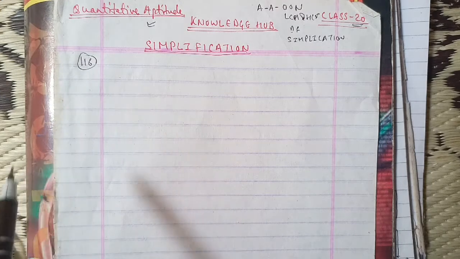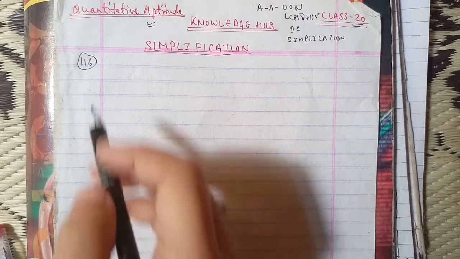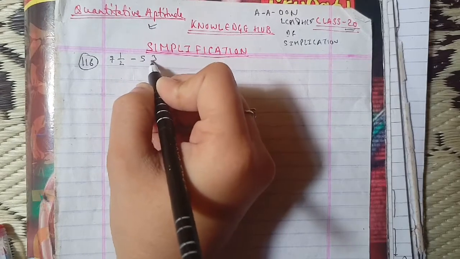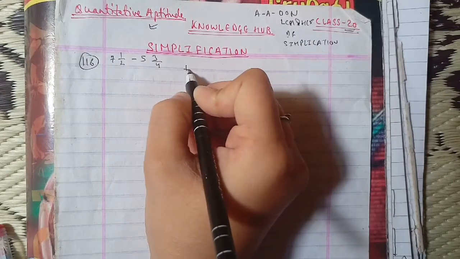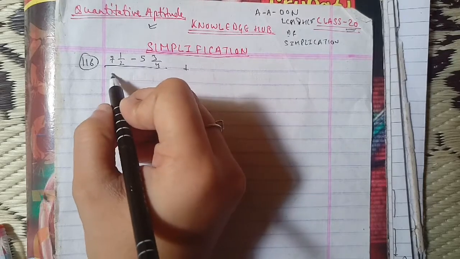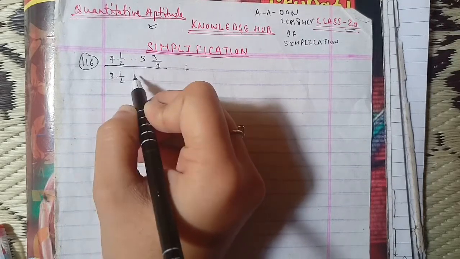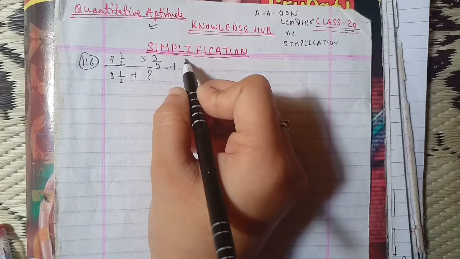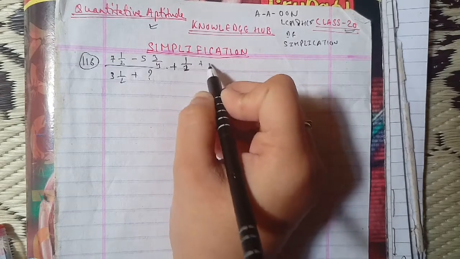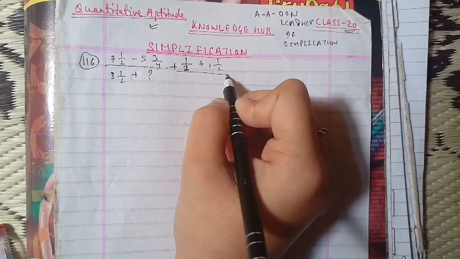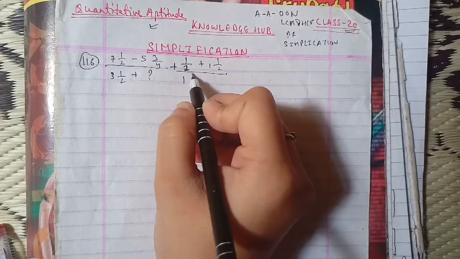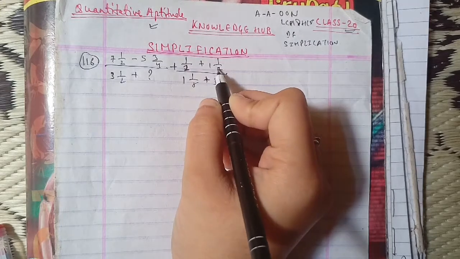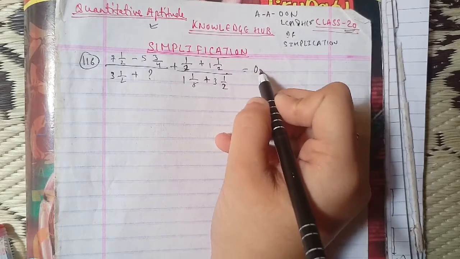In the 116th question, the question we have is 7 1/2 minus 5 3/4 plus, upon 3 1/2 plus question mark, that we have, 1/2 plus 1 1/2 upon 1 1/5 plus 3 1/2, that we have, which is equal to 0.6.